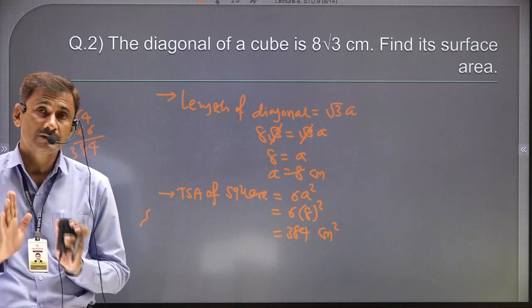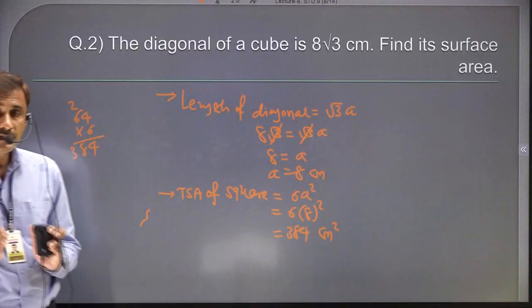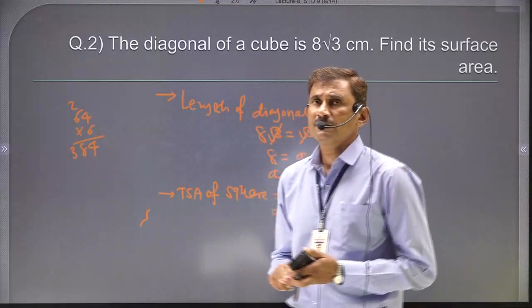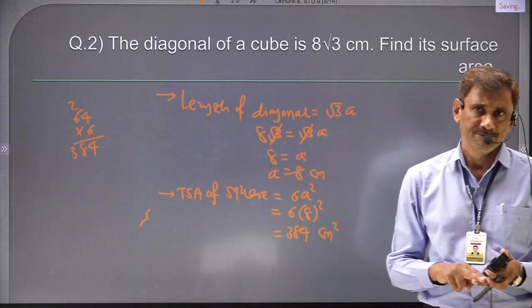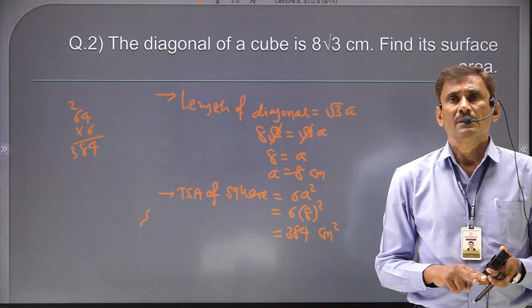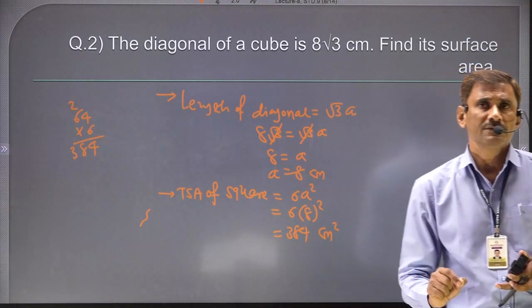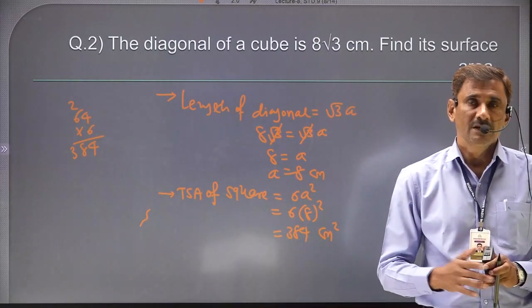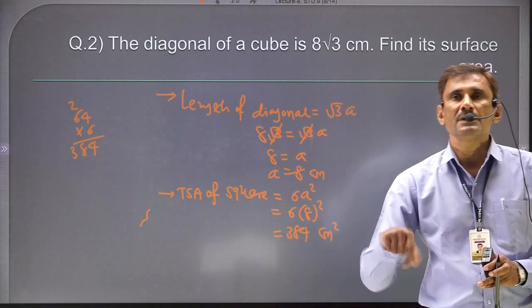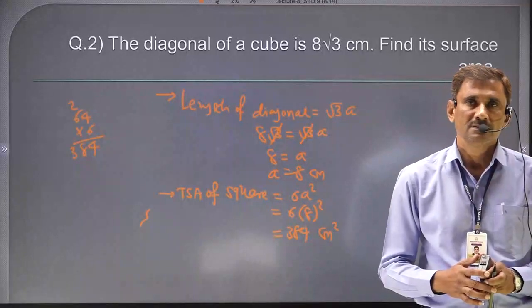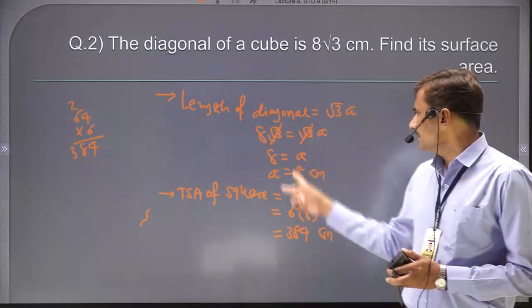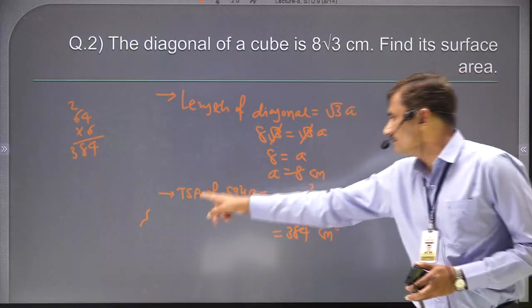So in mathematics, understand well: mostly whatever is asked is not found directly, but from whatever is given, we go ahead and find something missing. After that missing thing is found, you can find whatever is asked. So this is very simple. After getting that part, you can find the main thing.